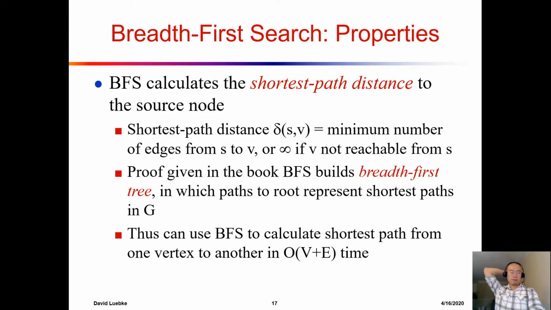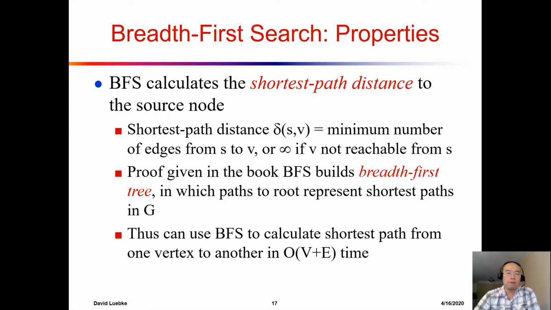Okay, and for the breadth first search, it helps us visit all the edges and all the nodes, and it also generates a tree structure for us. But in addition, breadth first search calculates the shortest path distance from any node to the source node, which is just the tree root, right?